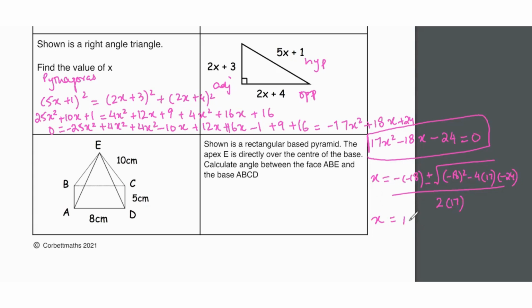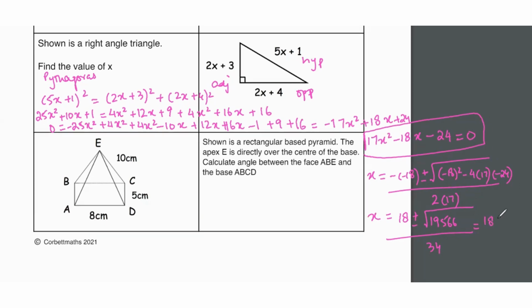So that's going to be 18 plus minus square root of 1956 over 34. 18 plus minus 44.2 divided by 34.